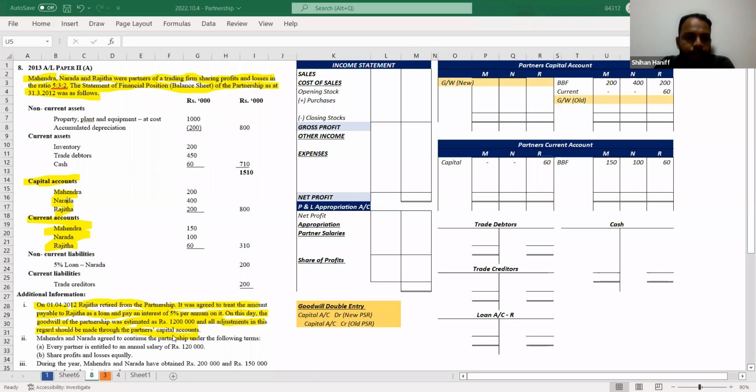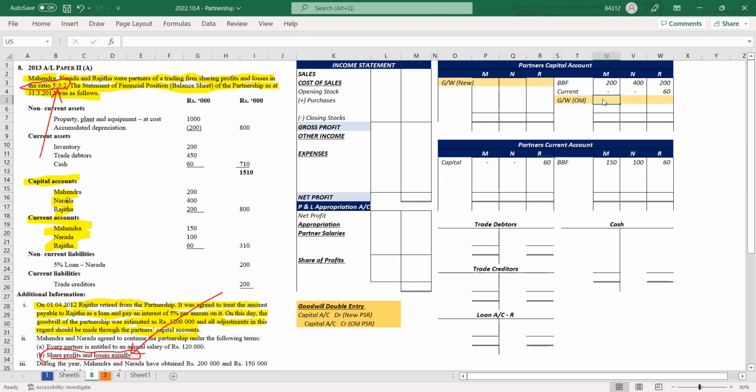And new ratio is equal, share profits and losses equally. Old ratio is 5:3:2 here on the top. This is old. And equally is the new ratio.